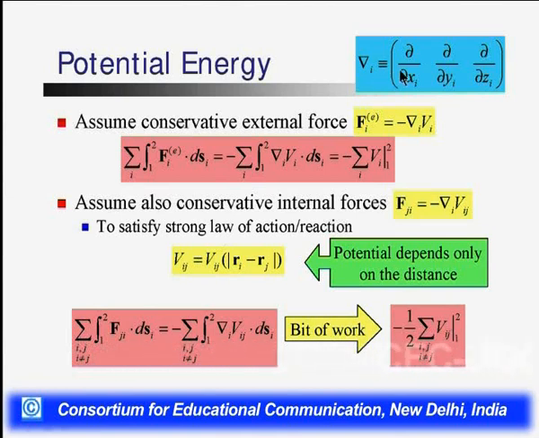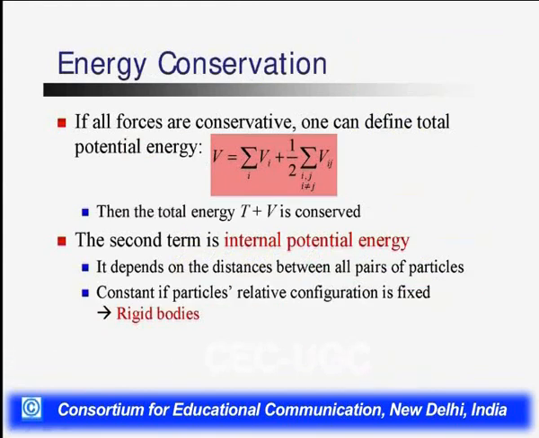Here we know that del i is the gradient, del by del xi, del by del yi, del by del zi, meaning we are considering the position of the particle in three dimensions, in the x, y, z directions, of all the ith system.